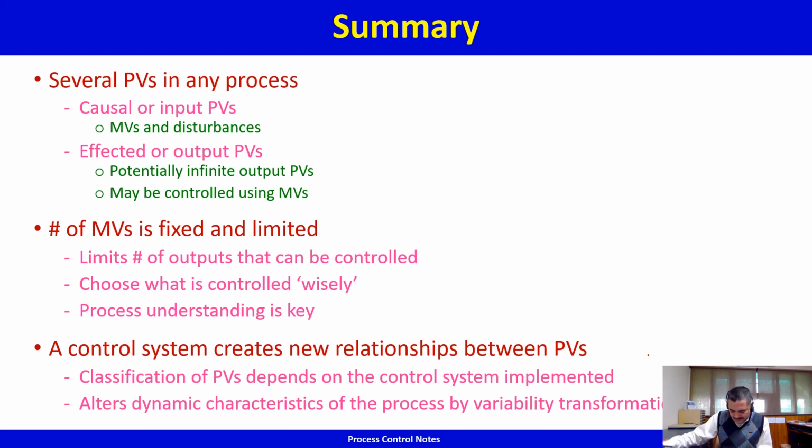And a control system creates these new relationships, and these new relationships, like we discussed last time, alter the dynamic characteristics of the process by transforming variability from the CVs, controlled variables, to the MVs.